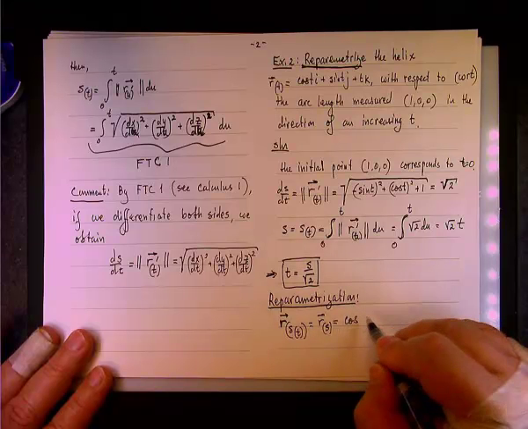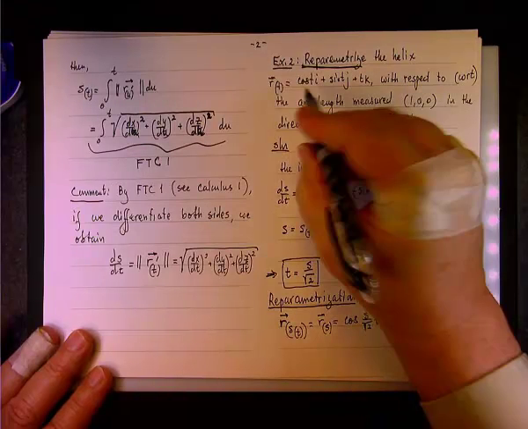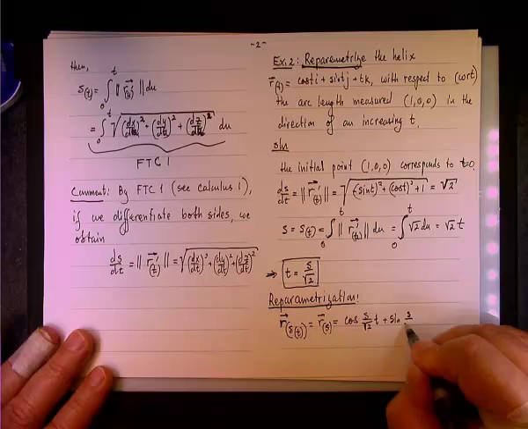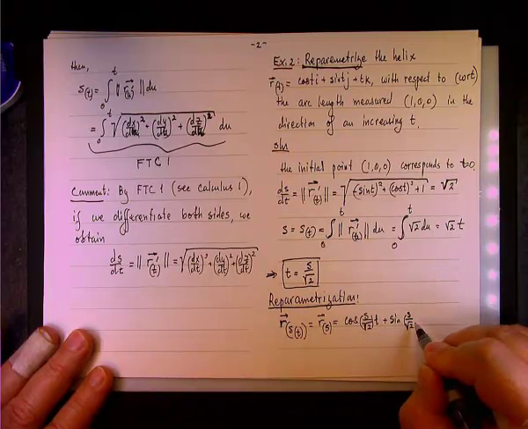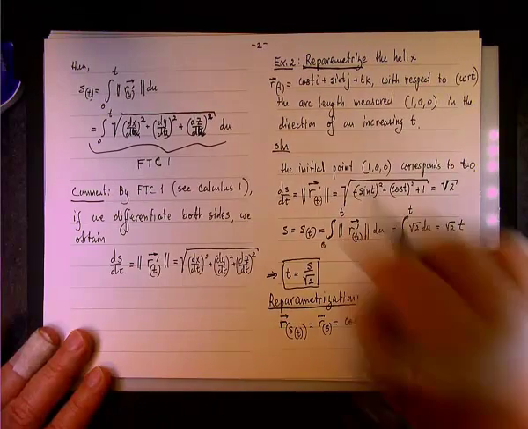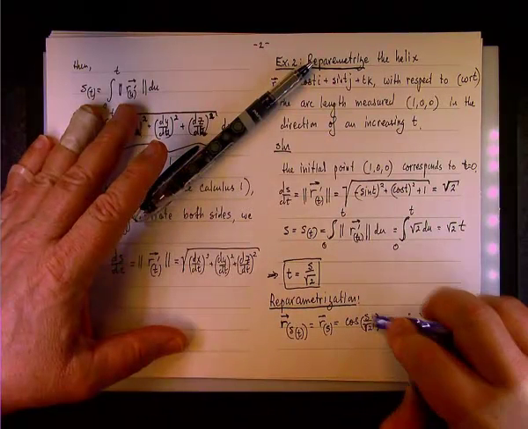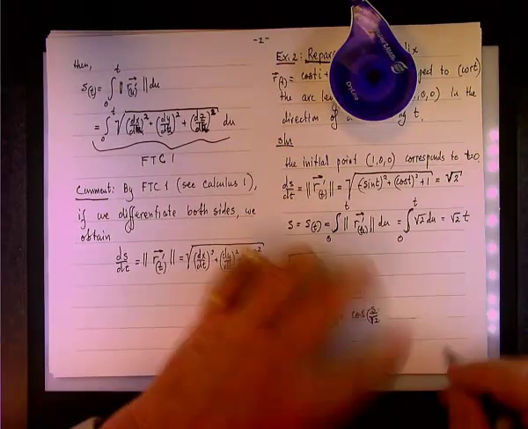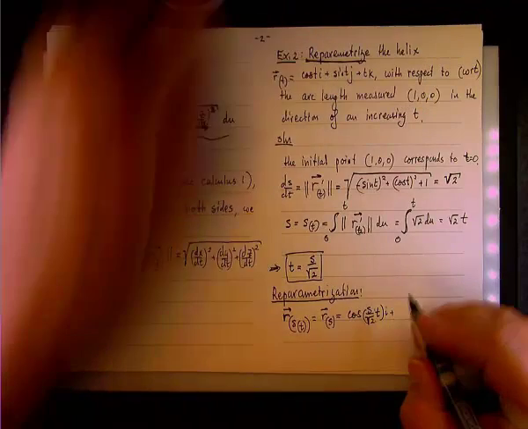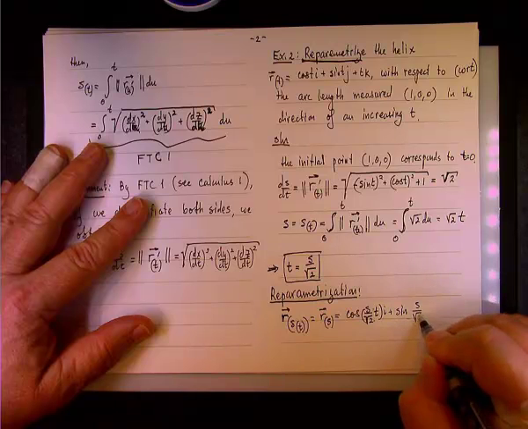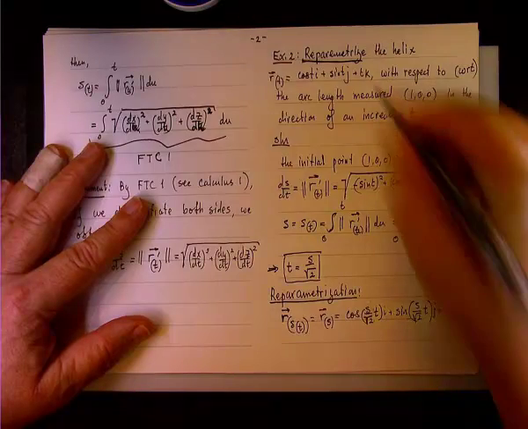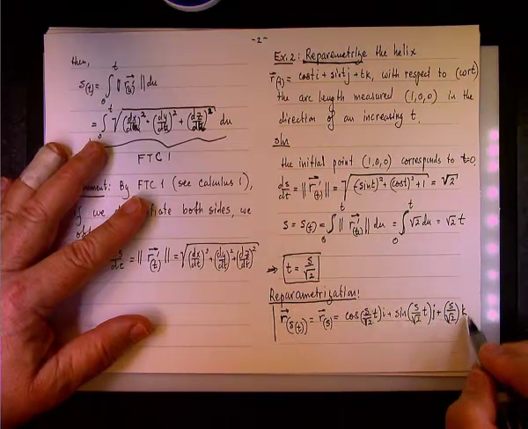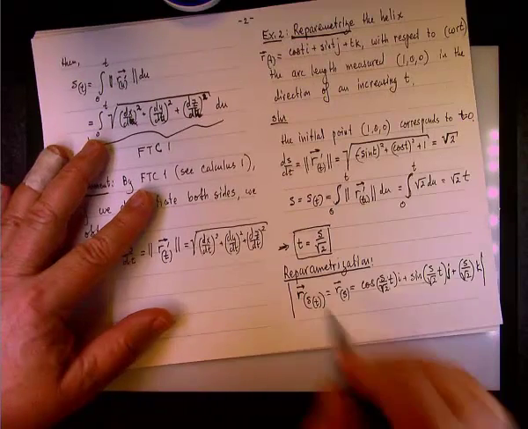And we say this is equal to cosine, because t now is replaced by s over square root of 2, then it will be cosine of s over square root of 2 i, plus sine of s divided by square root of 2 j, and instead of t k we have s divided by square root of 2 k.